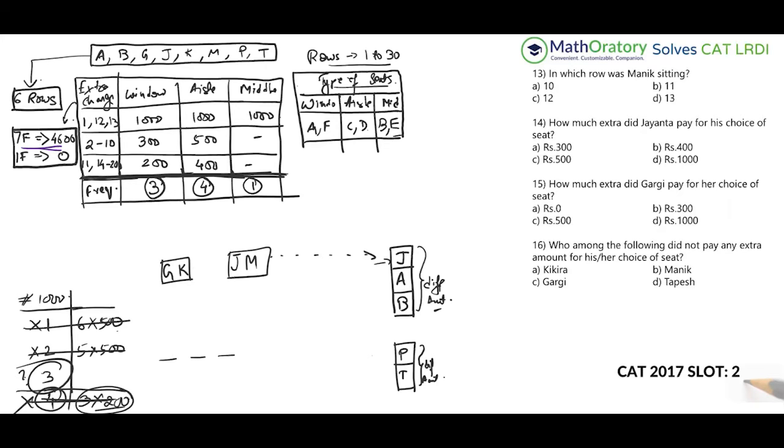So there are 7 friends paying amounts. Each of these are thousands, let's say. We don't know which friends these are. And these three should be adding up to 1600 in that case, right?